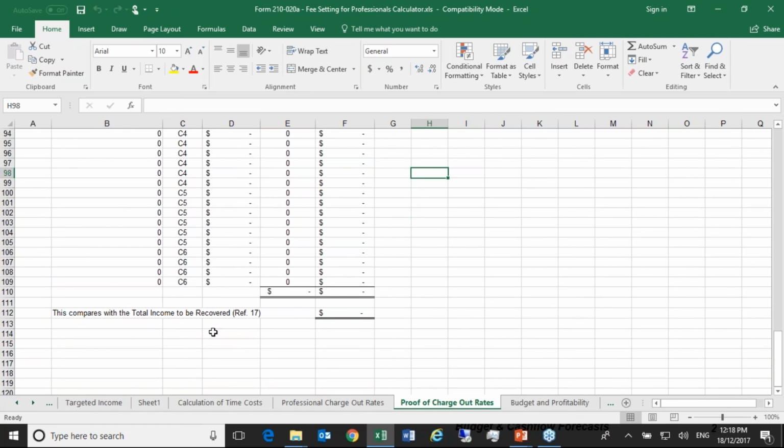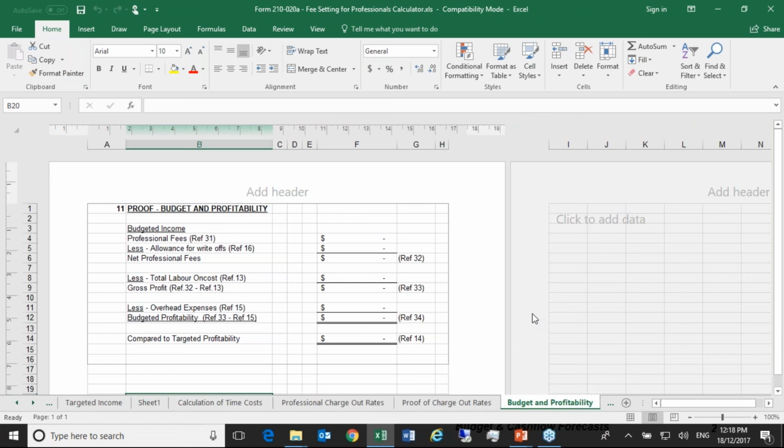And then we will have the budget profitability proof: the budgeted income from professional fees less allowance for write-offs, net professional fees, the labour on cost, the gross profit, the overhead expenses, budgeted profitability, and that will be compared back to the targeted profitability.